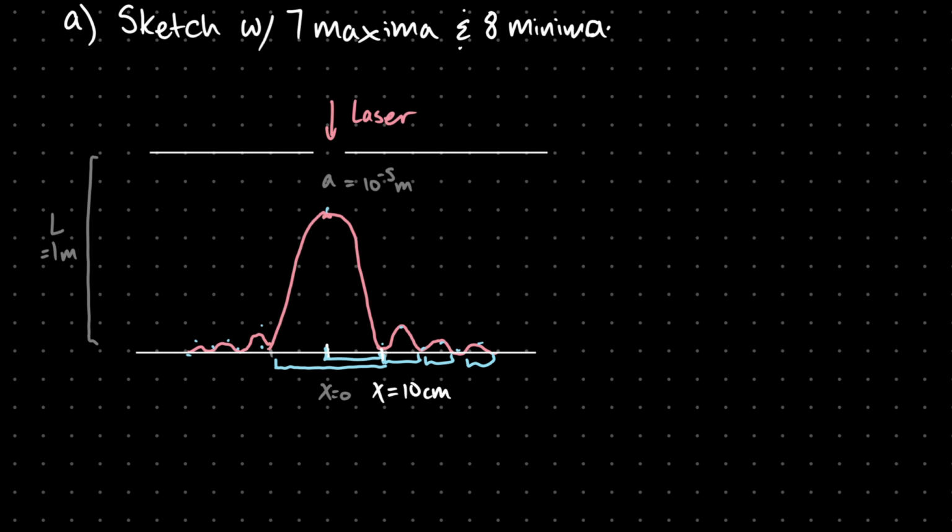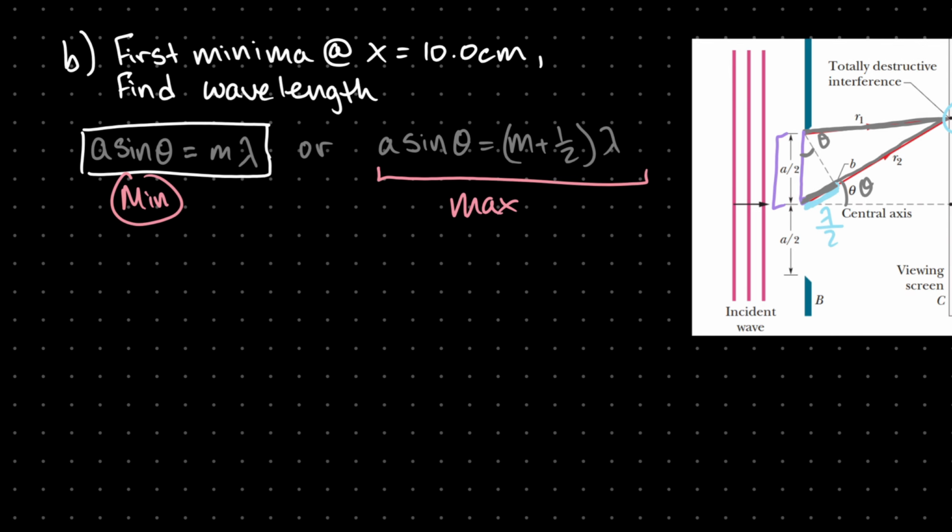Since this x value is way smaller than this L value, this angle that goes from here to here is going to be really, really small. So that means we can use our small angle approximation.